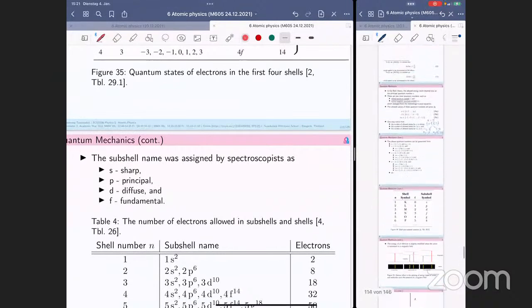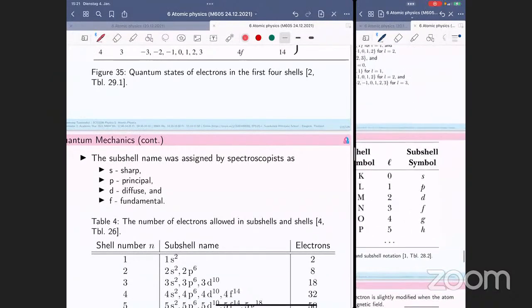And I say I don't know why they say SPDFGH, but right now, S stands for sharp, and P comes from the word principal. D came from diffuse. F comes from fundamental. And that's the meaning.